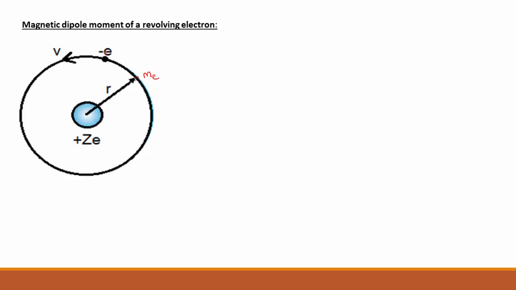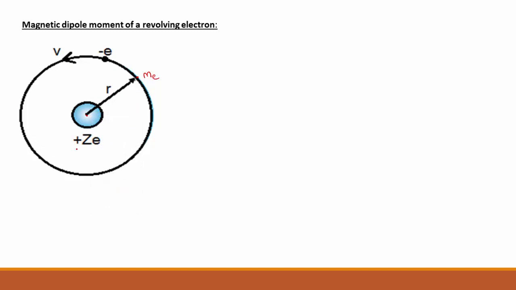Here minus e is the charge of the electron, and it is revolving around the nucleus of charge plus Ze in the anti-clockwise direction.